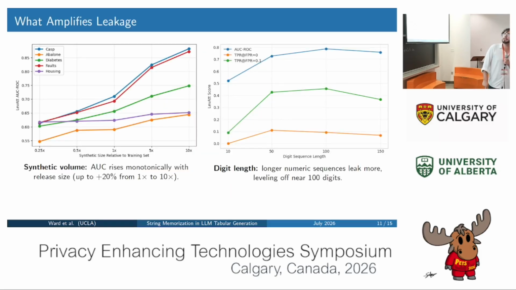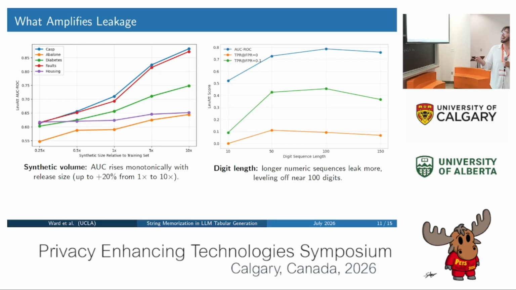And so some additional things, we run a bunch of other experiments we can talk about at the poster, but there are a variety of things that contribute to greater leakage. If you increase the amount of synthetic data you are generating, you have way more leakage as that goes up, because your LLM has more opportunities to just create stuff that is totally memorized.